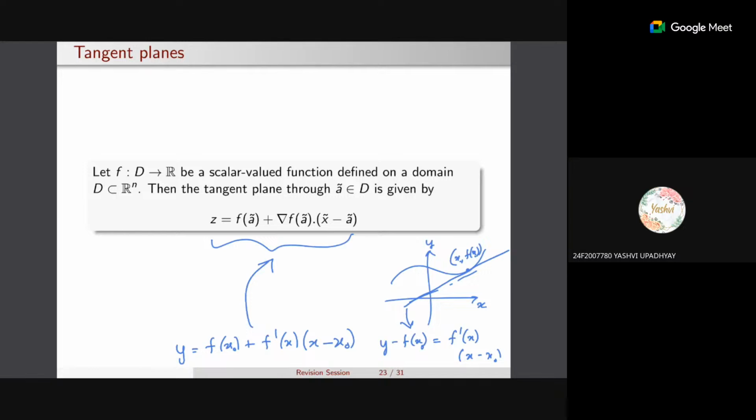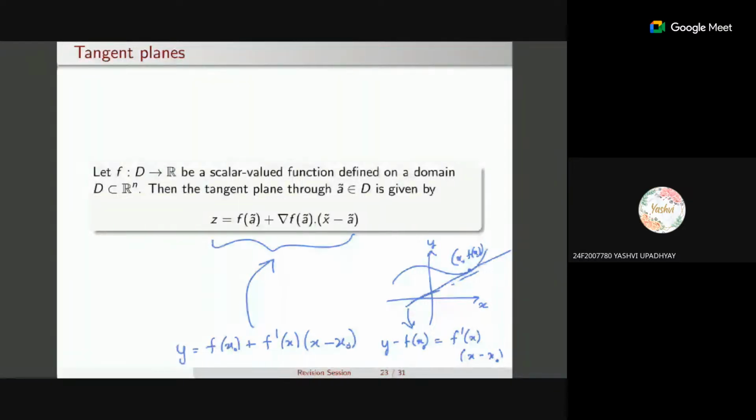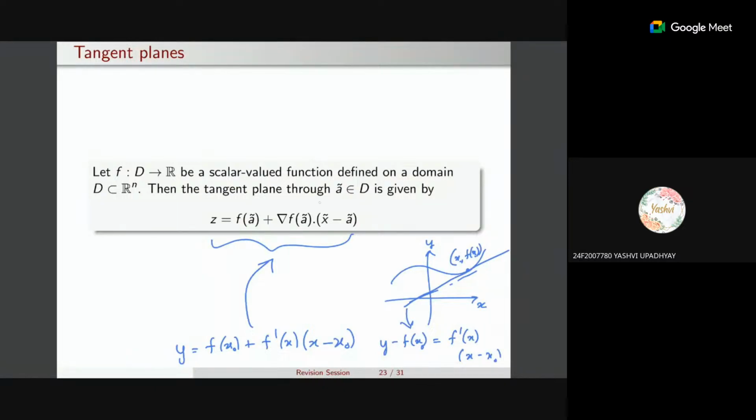So the same thing appears over here, but now instead of f prime x, you have the gradient. The gradient is the equivalent of the derivative, and f of x naught has become f of a tilde. f prime has become the gradient, and you cannot multiply a vector with another vector in any other way than the inner product that you know. So this is the standard dot product over here, instead of just multiplying f prime x into x minus x naught.